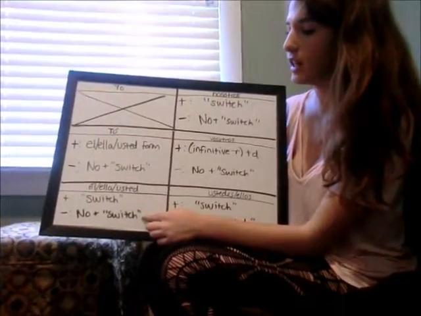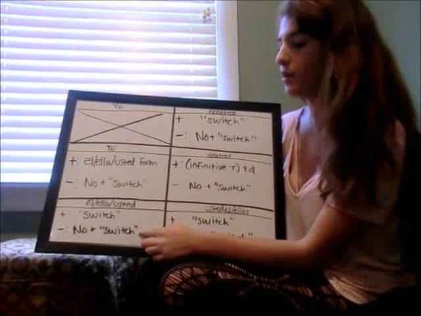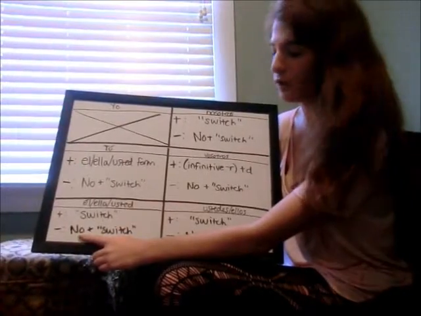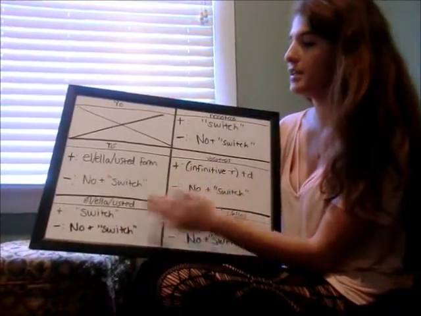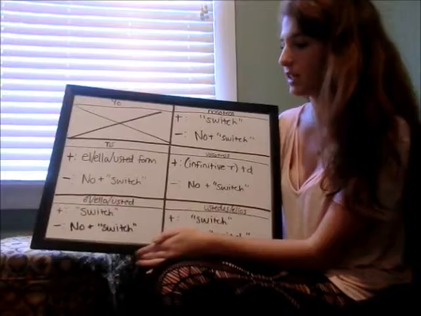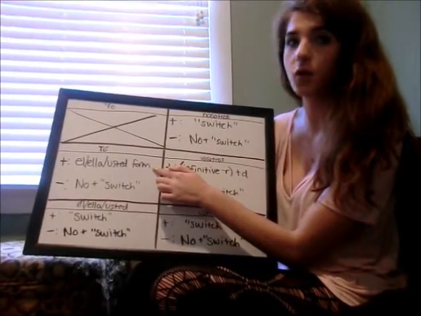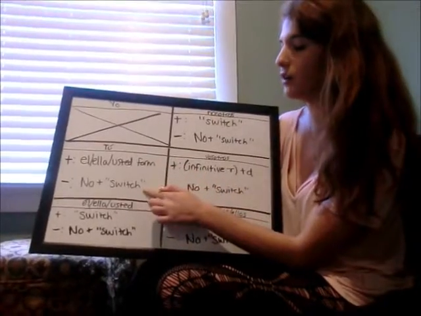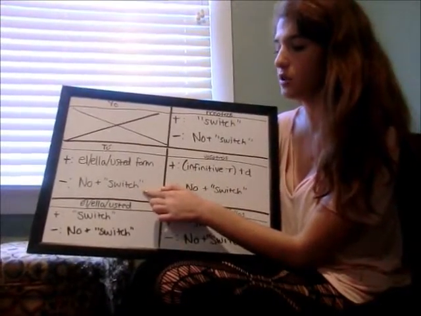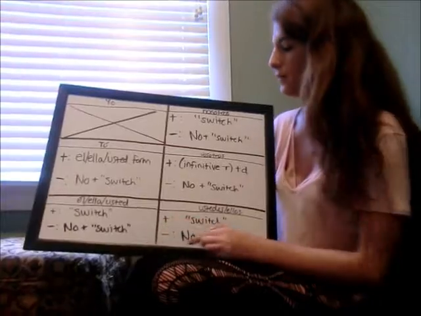If you want to tell them not to do something, it's that same conjugation, you just add a no before the verb. For tú, that is the exception that we already previously discussed, where the positive only uses the typical él, ella, and usted form. No switch is used here. However, for a negative tú command, you do use the switch with a no in front of it.